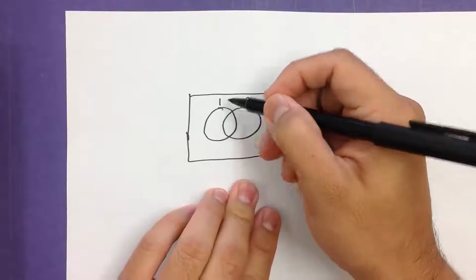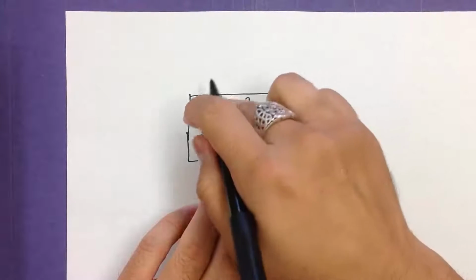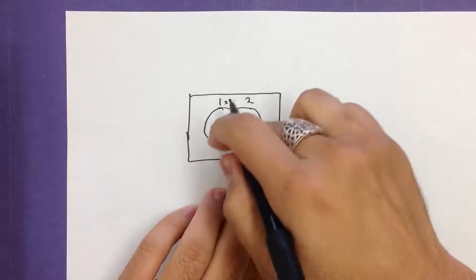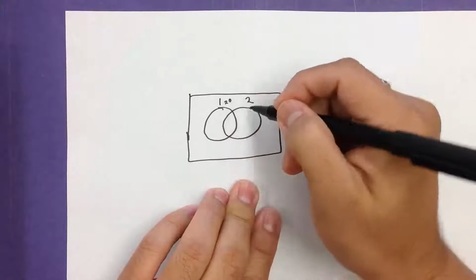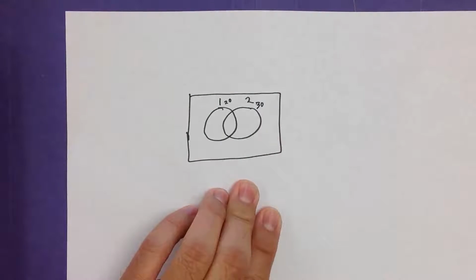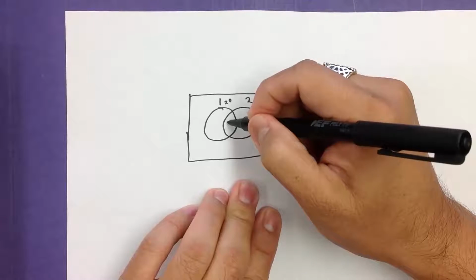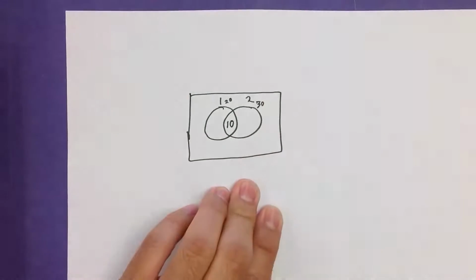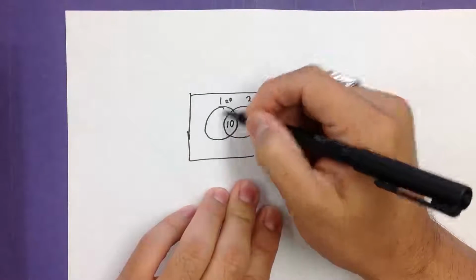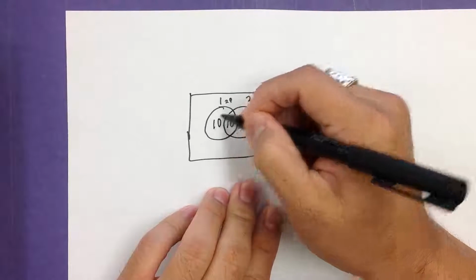Now, Gate 1 is open 20% of the time. So this represents the time that the gate's open. Now, Gate 2 is open 30% of the time. Now that's a total right here. And you find out that both of the gates are open 10% of the time. So right here, instead of 20, 20 minus 10 would be 10.